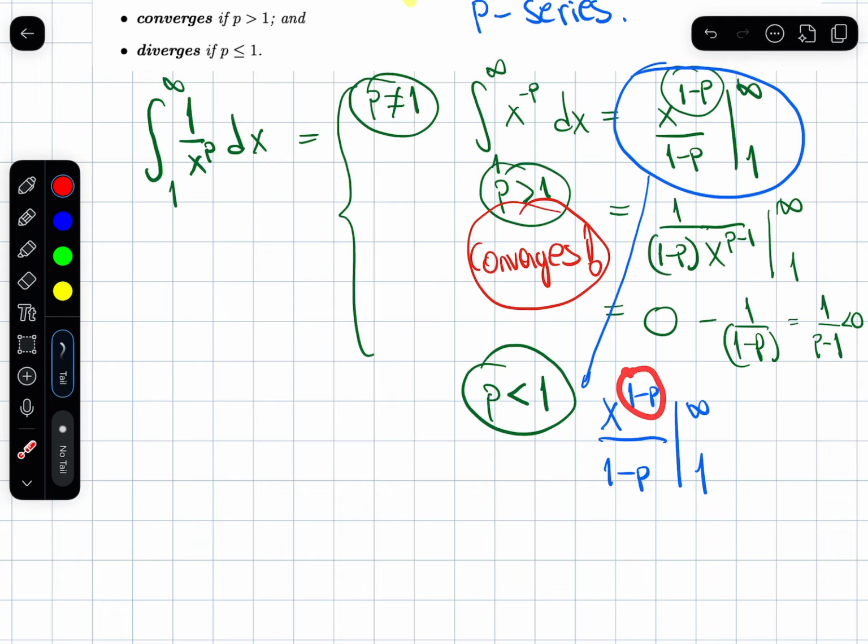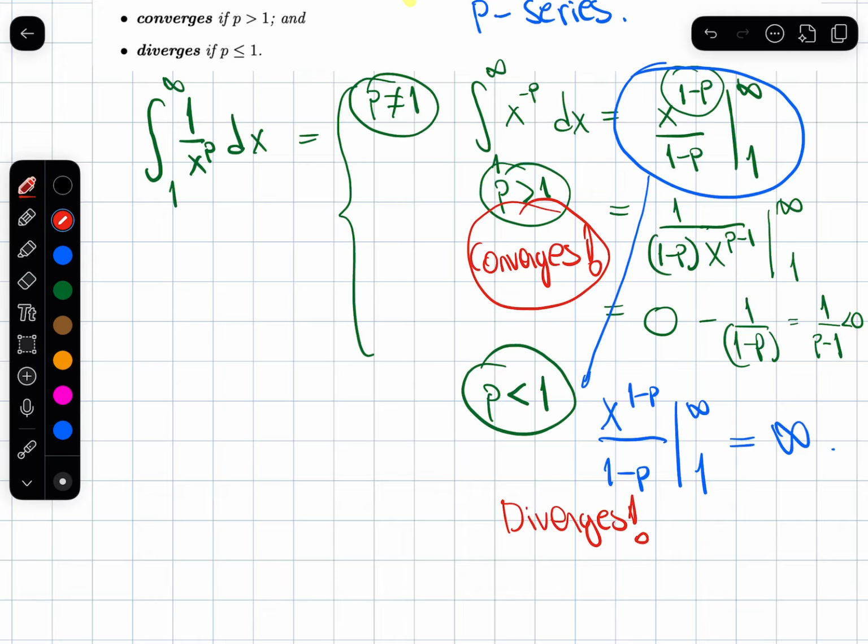This is already positive because p is less than 1, so 1 minus p is positive. So when I plug in infinity, x to a positive power, it's going to be like an x squared or an x cubed. So this is going to be infinity. So the series will diverge, again, by the integral test.